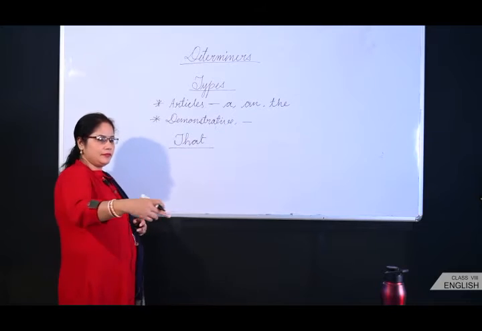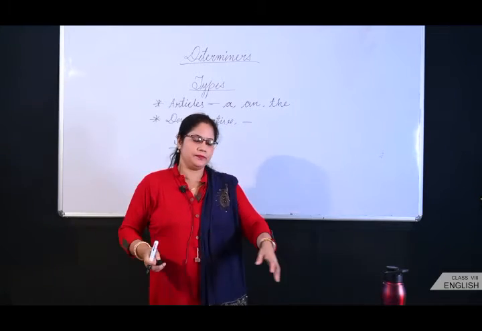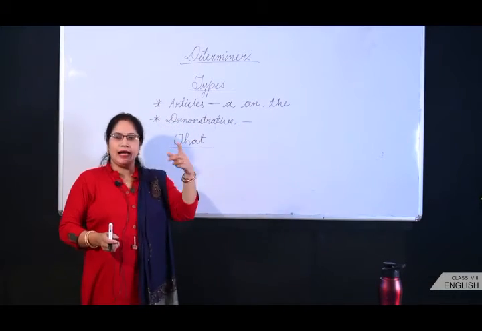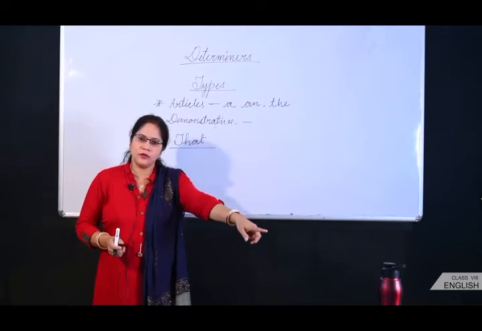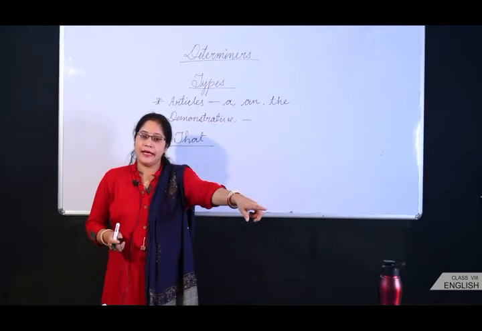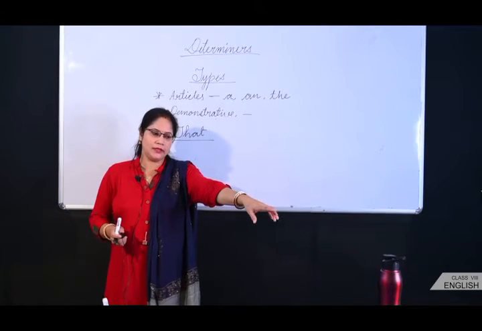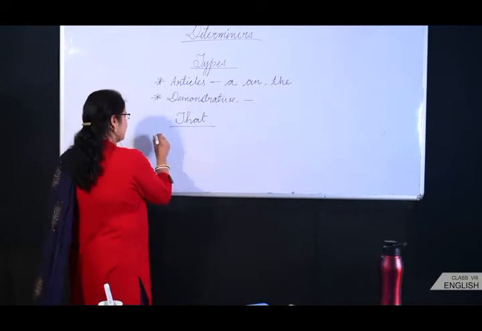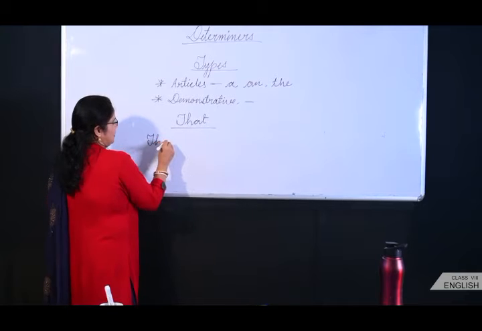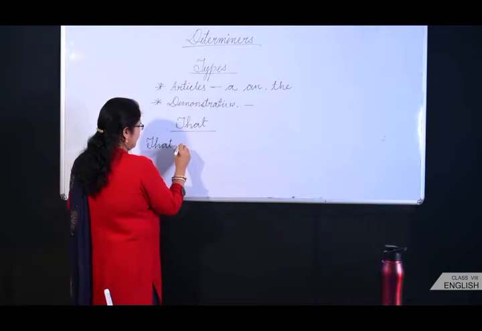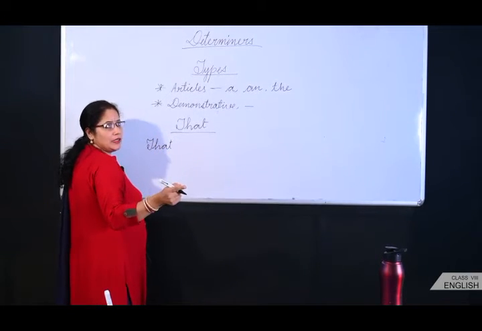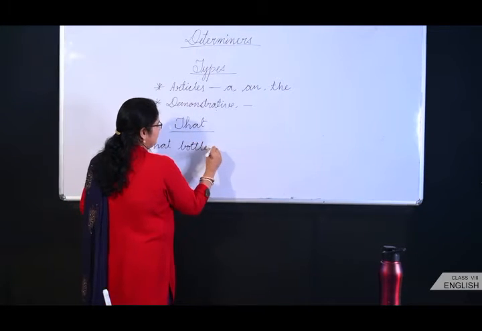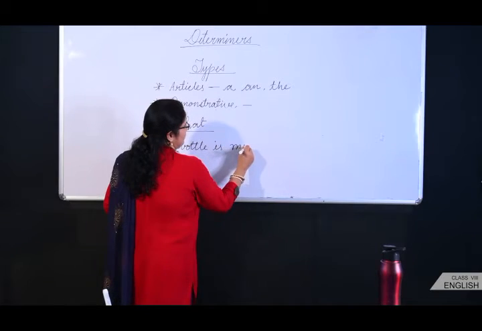Like, if you look at this bottle, the bottle is at a distance. So we will say, that bottle is mine. As the bottle is at a distance and it is a singular noun, that bottle is mine.